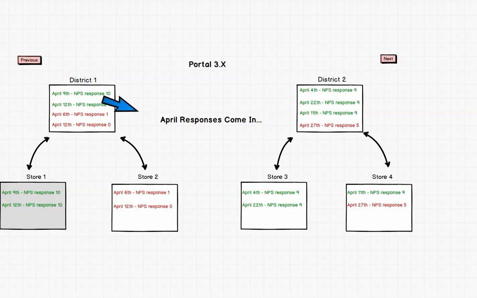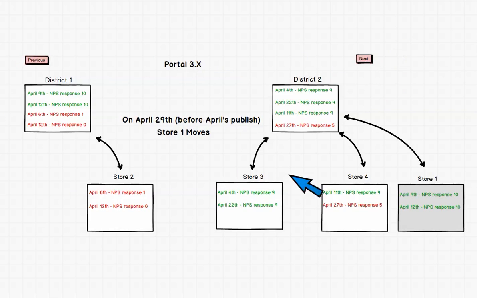Here, April comes in and more survey responses come in, and so we write them up to the district just like we did for March. But now when Store 1 moves, the survey responses that belong to Store 1 no longer go into District 2. Instead, these two survey responses, April 9th and April 12th, because the store moved on April 29th, still stay with District 1 instead of going over to District 2.